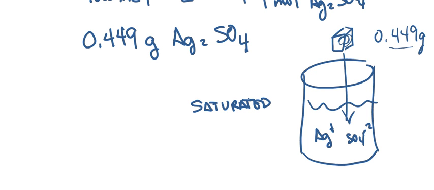So if I add, say, instead of the 0.449, I actually added half a gram of silver sulfate in here, 0.449 grams of that would dissociate, and then I'd have about 0.05 grams of silver sulfate crystals sitting on the bottom of the beaker, or at least moving around on the bottom after I've stirred it all up.